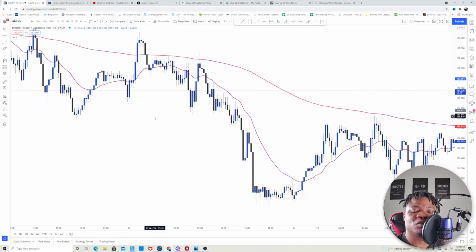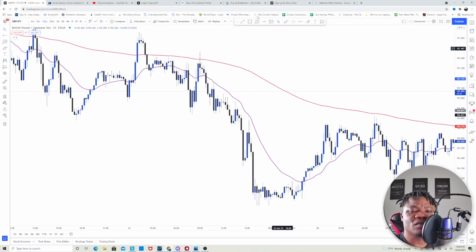We don't need them to be moving sideways. If it's moving sideways, or if it's intertwined, that means price is consolidating, or ranging, or moving sideways, whatever you want to call it.